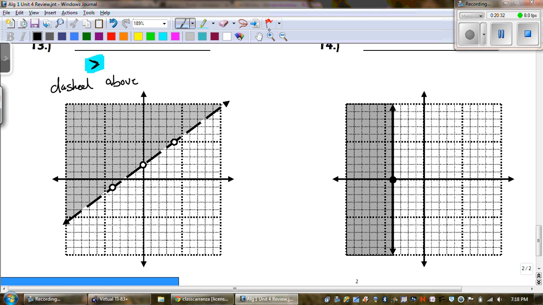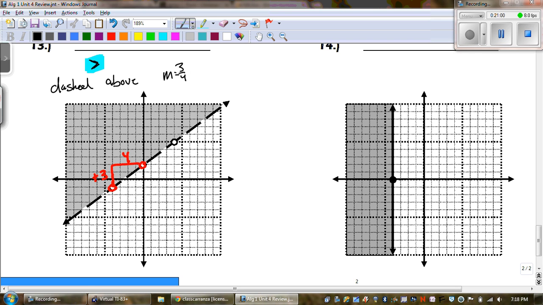Okay, now the next couple things we need to do is we need to find out what our slope is. So from any 2 points, we can count. We'll go 1, 2, 3. So I went up 3 over 4. Okay, that tells me that my slope is 3/4.